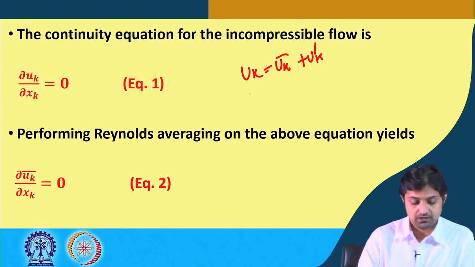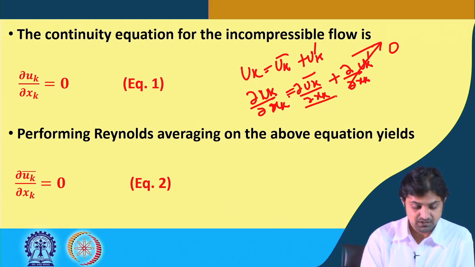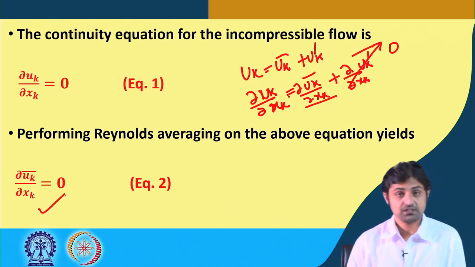And so, del uk by del xk will be del uk bar by del xk plus del uk prime by del xk, and the second term will go to 0. So, this can be represented as this.